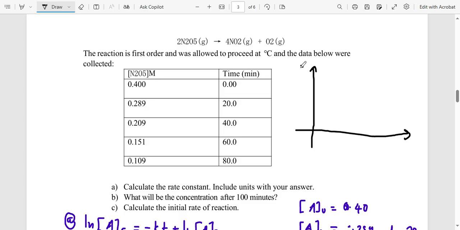So the y-axis has concentration, the x-axis has time. For time, we are going all the way up to 80. So let's say this is 20, this is 60. No, before 60 we have 40.